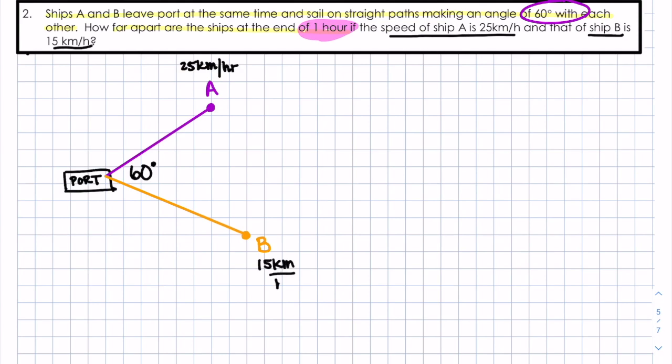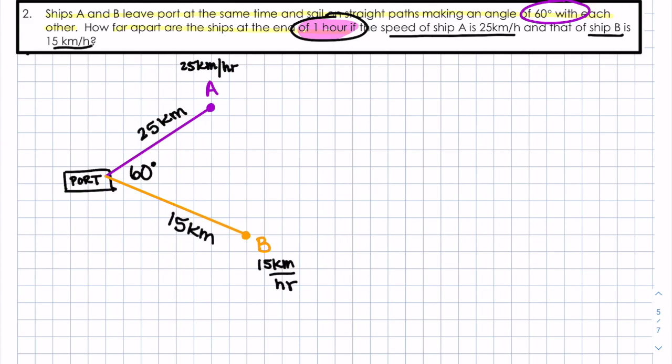Well, the good news about this problem is if the boats only travel for 1 hour, then they go that distance. So if it's 25 kilometers per hour, this boat went 25 kilometers. And this boat would have gone 15 kilometers.